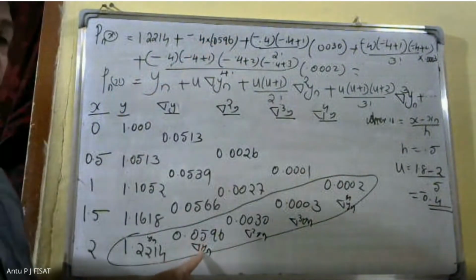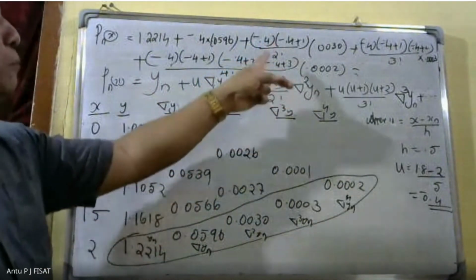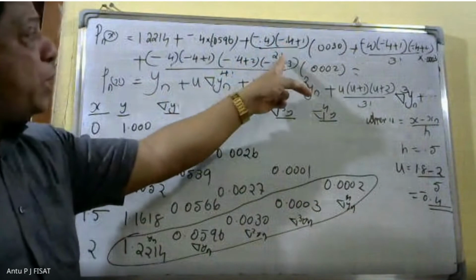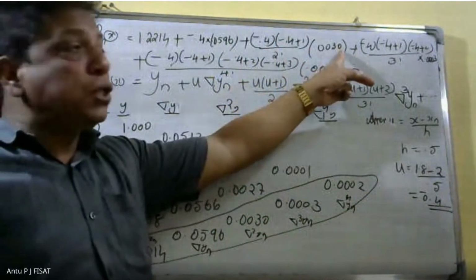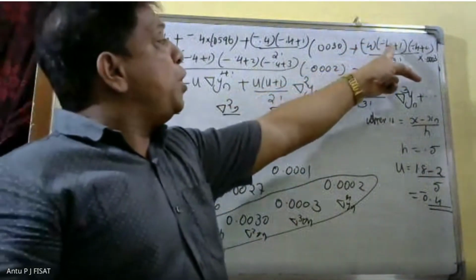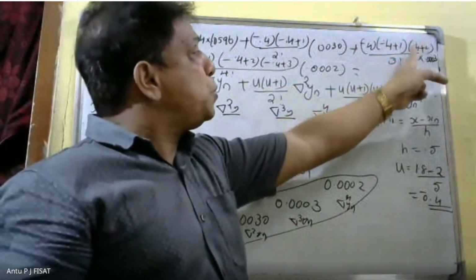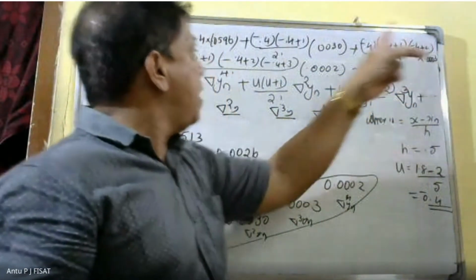0.0596, that is del yn, plus minus 0.4 into minus 0.4 plus 1 divided by 2 factorial, then del square yn 0.0030, plus minus 0.4 into minus 0.4 plus 1, minus 0.4 plus 2 divided by 3 factorial into minus 0.0003.